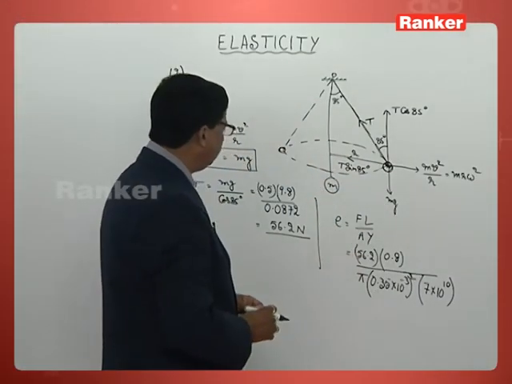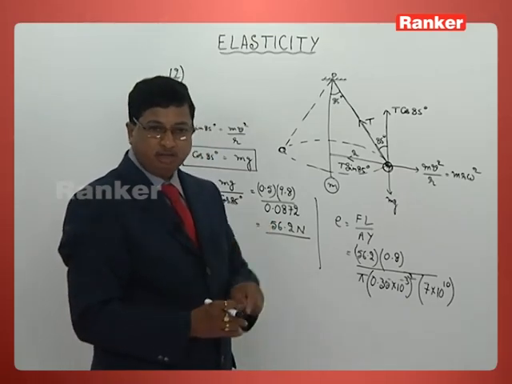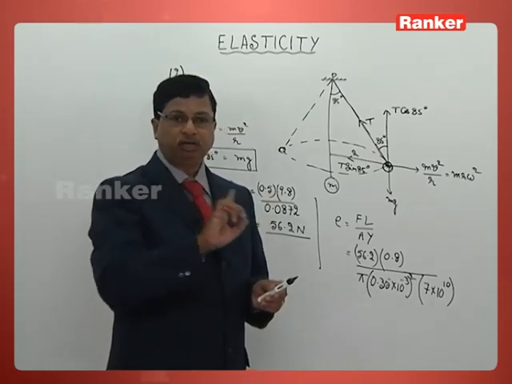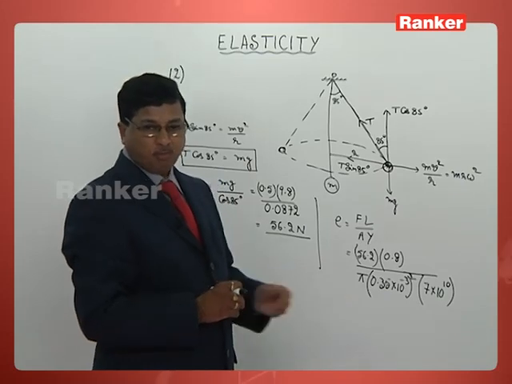This is now going to be the elongation produced, or the increased length of that string, when the body is just making revolutions along the circular path of radius r. So what is this value?